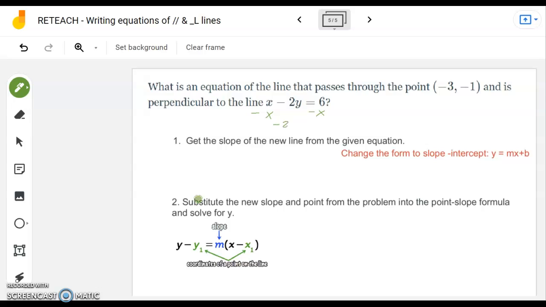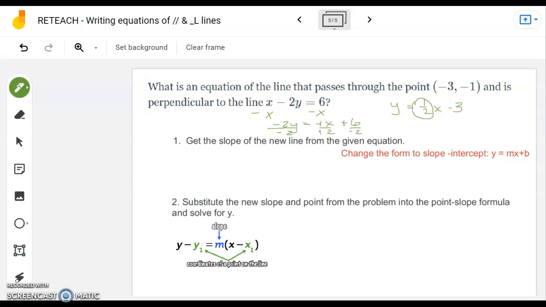I get -2y equals -x plus 6. And then I'm going to divide by -2 on both sides. Everybody gets divided by -2. And then I get y equals, the double negatives will turn to positive, and that will give me 1/2 x. And that'll give me -3 as the y-intercept.